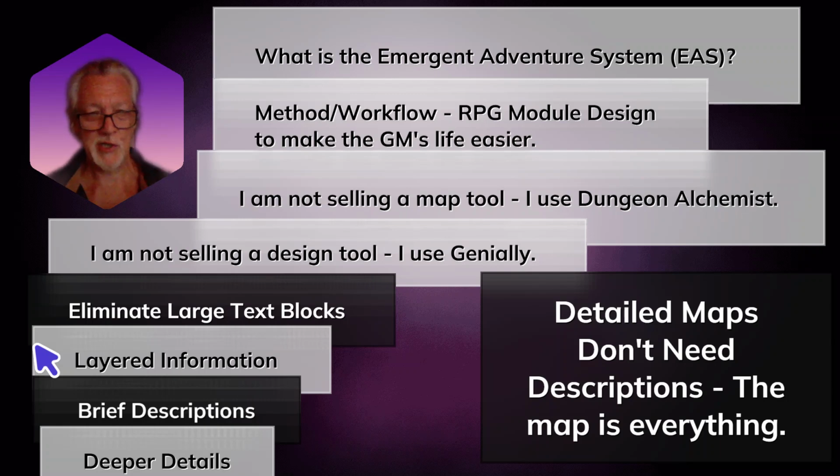And that is just to give the GM some reminders about what that mine area entails. Now, if they need more from the brief descriptions, they can click deeper and read more details about the room that they're in. And I generally tried to stick with like 3 layers of information.